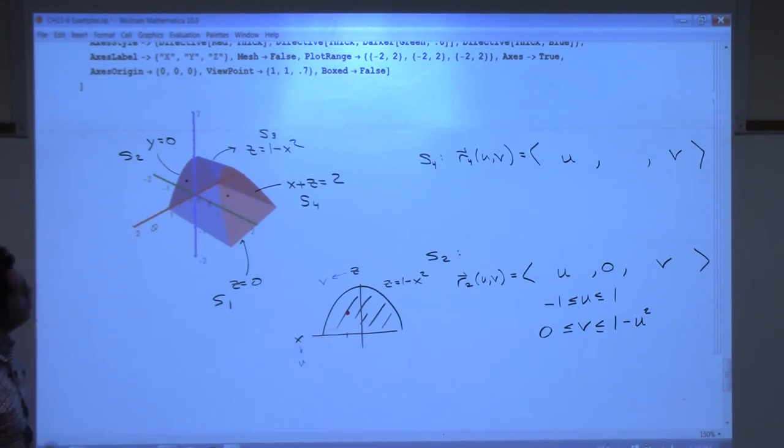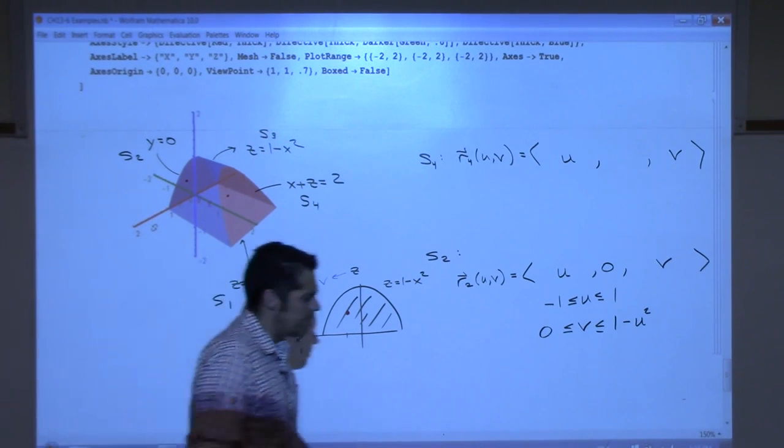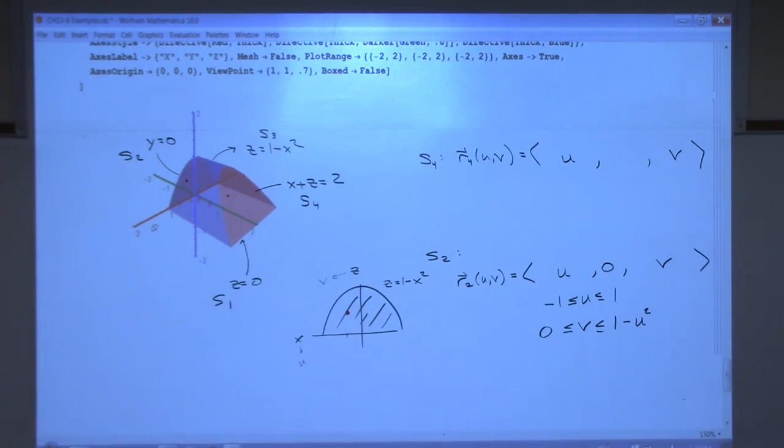Wait a minute, is that right? Hold on a second. Did I write that down right? Ooh. That needs to have what in there? A y. Hold on a second. Let me look at my code here. Where did I draw that plane?